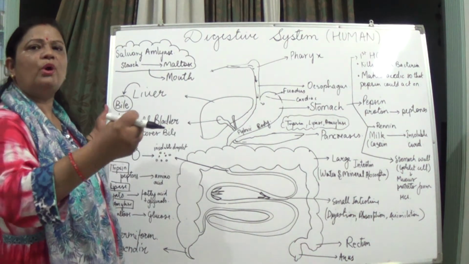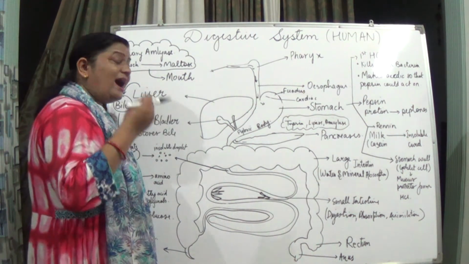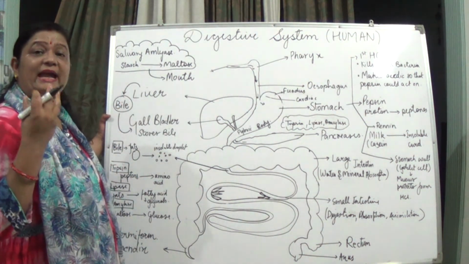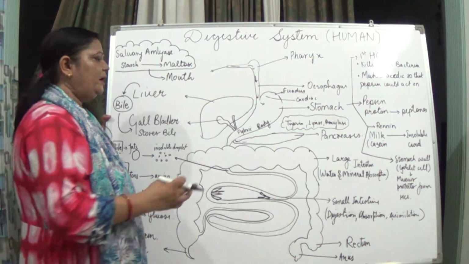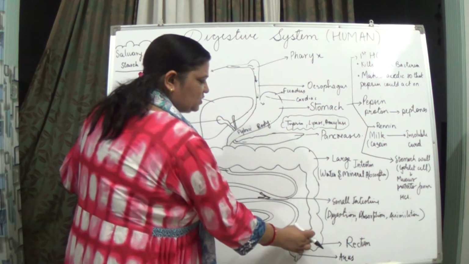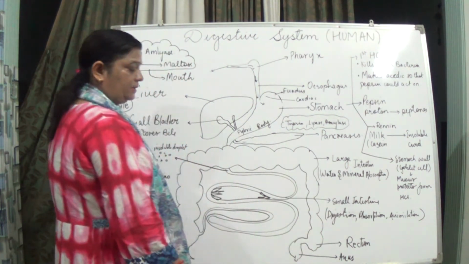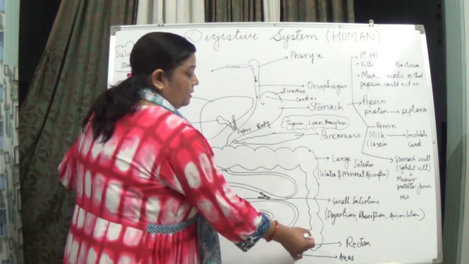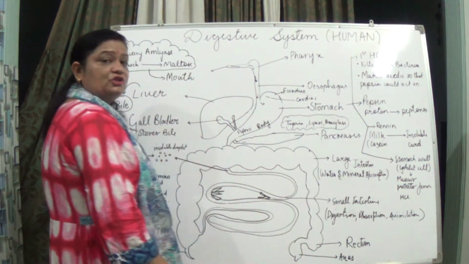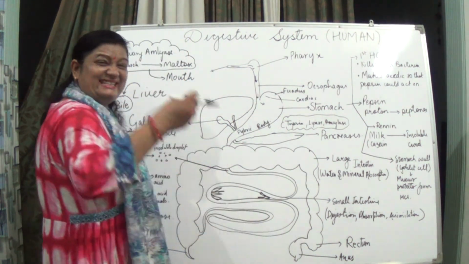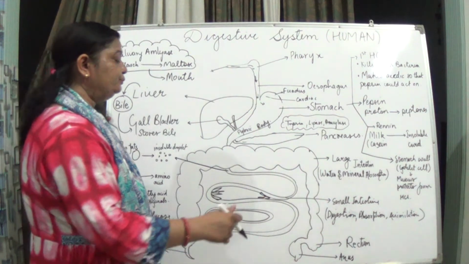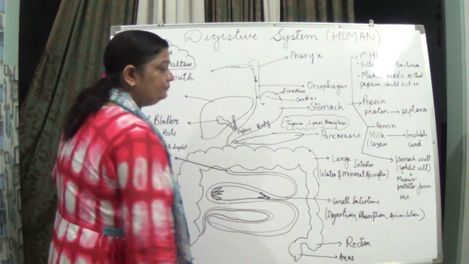Once the water has been absorbed, the undigested food in semi-solid form comes and gets stored in the rectum. Bacteria are also present here. From the rectum, it is egested out from the body through the anus.